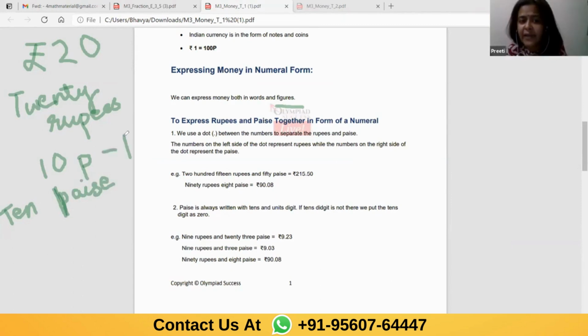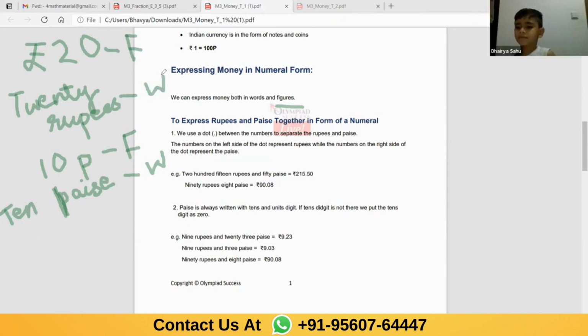Okay, this is figure form and this is word form. Am I clear with this much to everyone? Yes, ma'am. Now I'm combining them. I want to write 20 rupees and 10 paise. As Dharya said, and other children were also answering, we use a dot to separate rupee and paise.